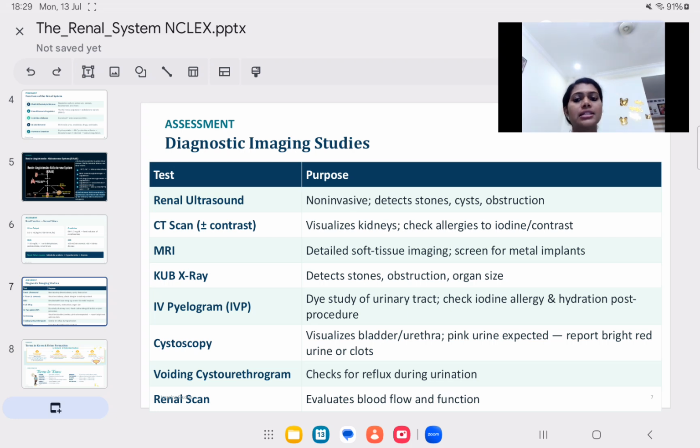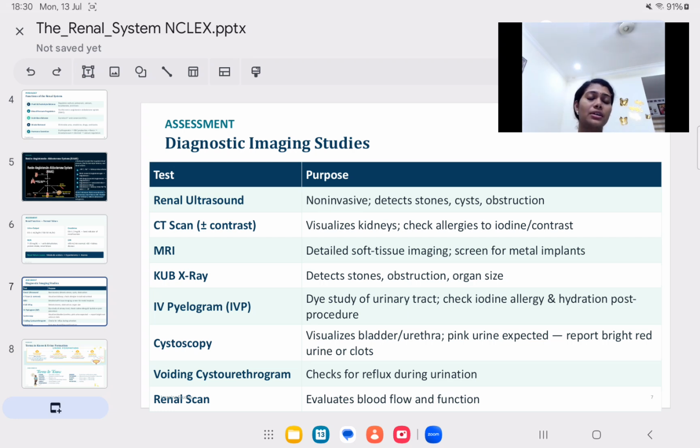And next is the cystoscopy. Cysto means bladder, as in cystitis, bladder infection. So cystoscopy is an endoscopy through the bladder. We are visualizing the bladder to identify any abnormalities in the bladder.